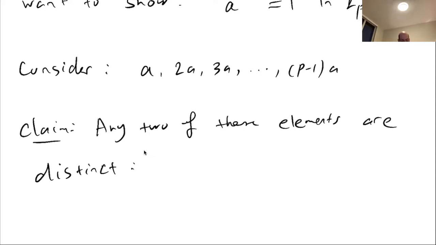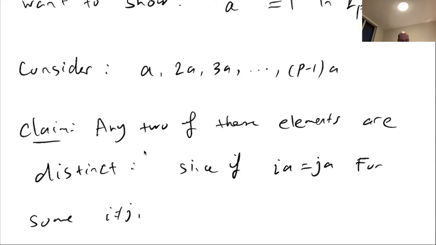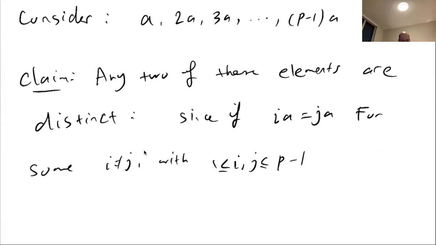Why? Since if ia equals ja for some i not equal to j, with i and j both between 1 and P minus 1, of course, again in ZP, every equality is in ZP.